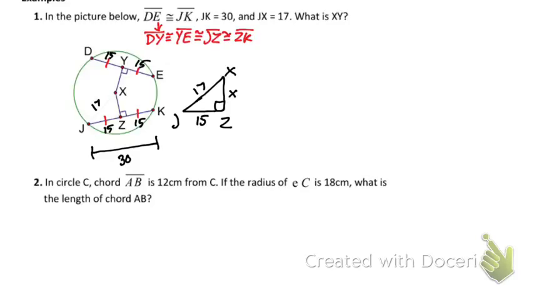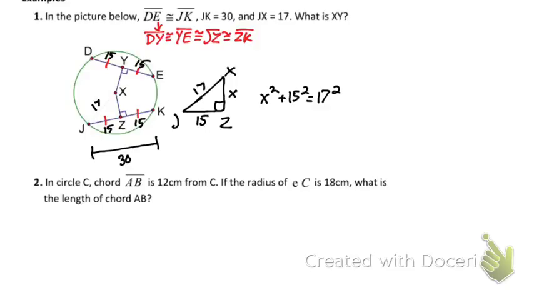It actually is a Pythagorean triple. Does anyone know the Pythagorean triple for this? Yeah. It would be 8. This would actually be an 8, 15, 17 triangle. If you didn't remember your Pythagorean triples, you can just go x squared plus 15 squared equals 17 squared.